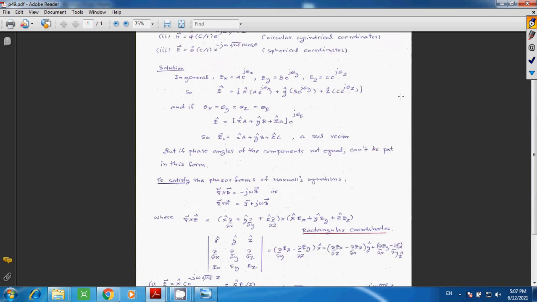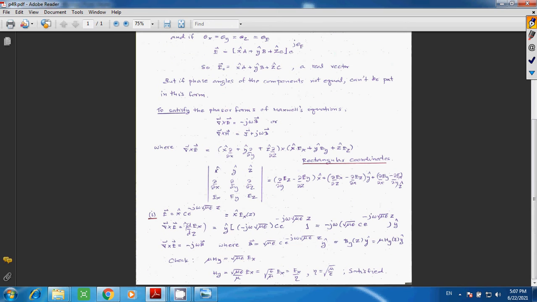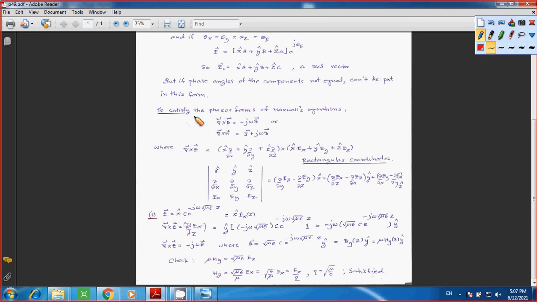Now let's move on to check if the fields satisfy the phasor forms of Maxwell's equations or not. That means you need to check and compare to the Maxwell equations.